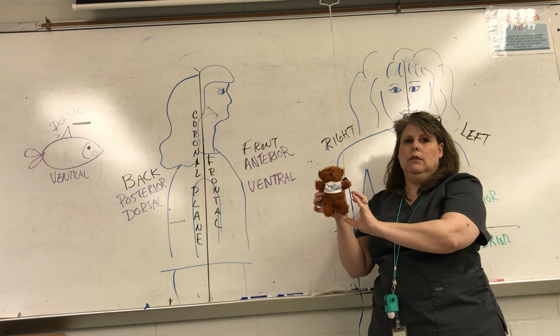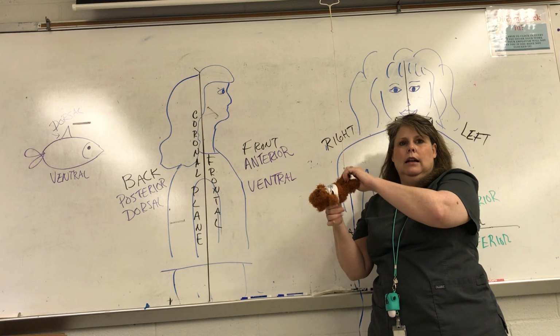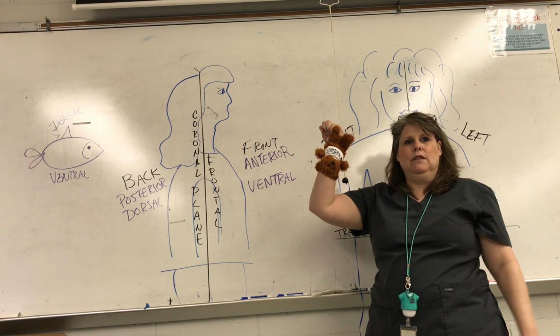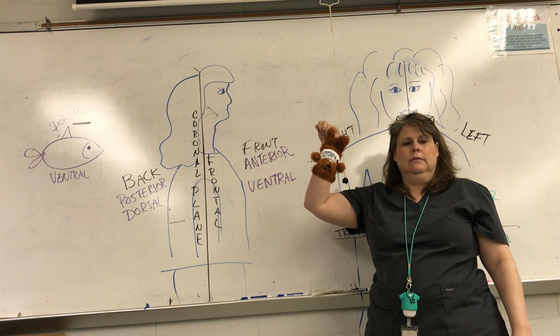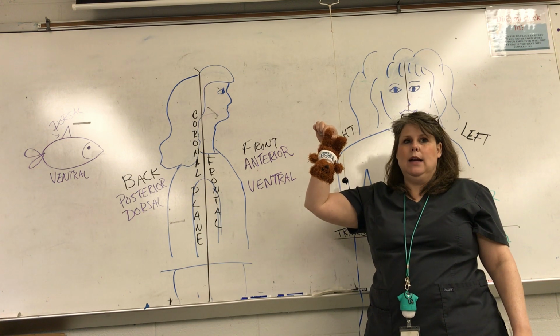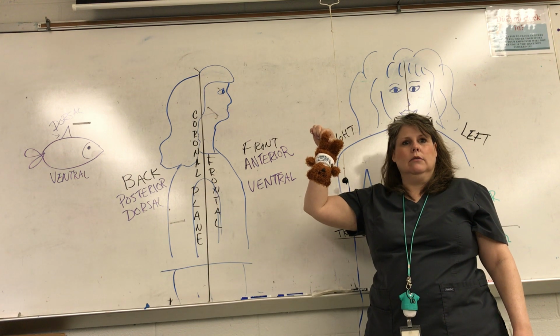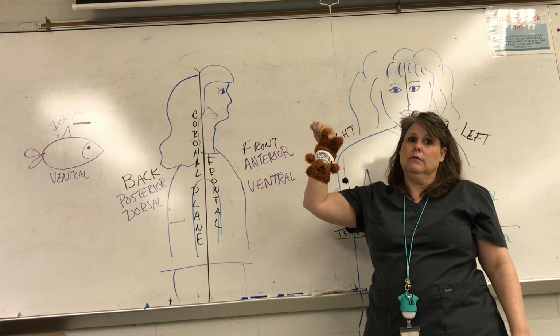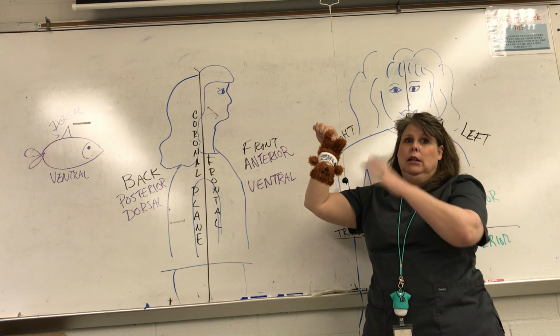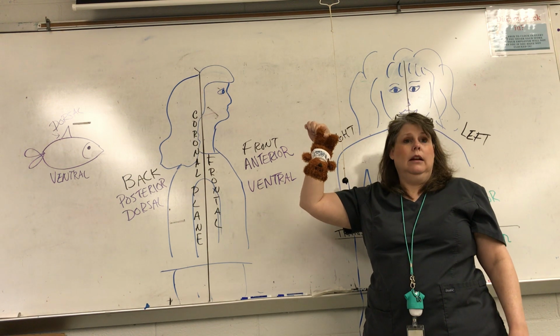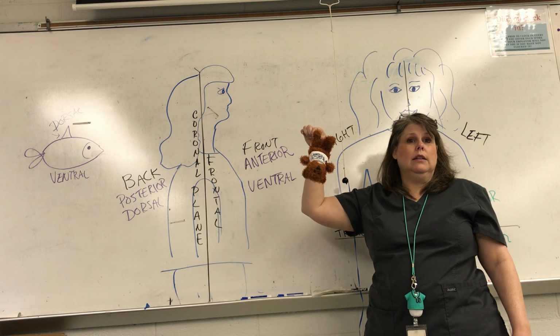But what if my little bear is hanging upside down by his foot? And I'm trying to explain to somebody where his ears are. Would I say they're now inferior to the foot? Because they're below because he's hanging upside down? No. We would not explain it that way.